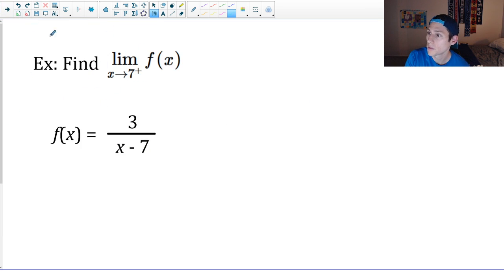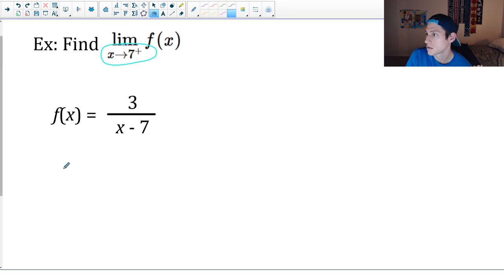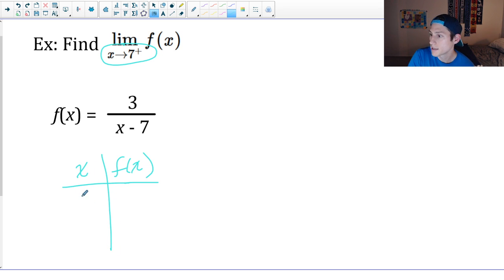Now similar thing, but instead of approaching 7 from the left, let's approach it from the right. Same thing. If I just try to plug in 7 here, I'm going to get 0. So let me make a table again. Approaching from the right, let's say I do 8. 8 minus 7 is 1. 3 divided by 1 is 3.